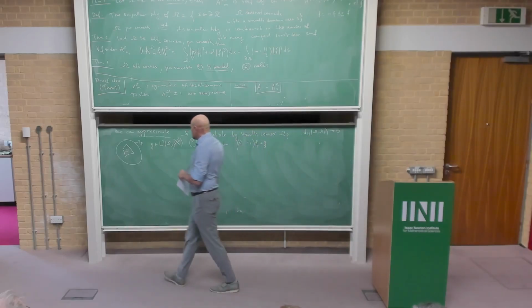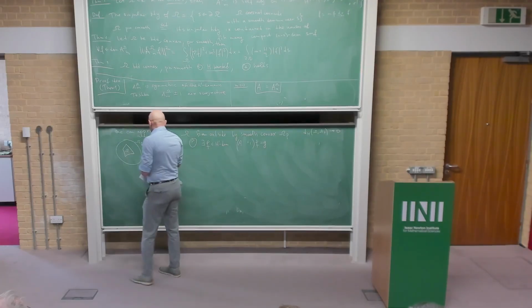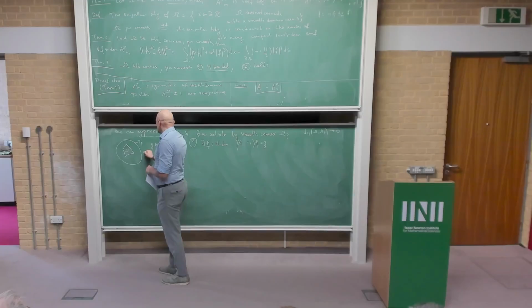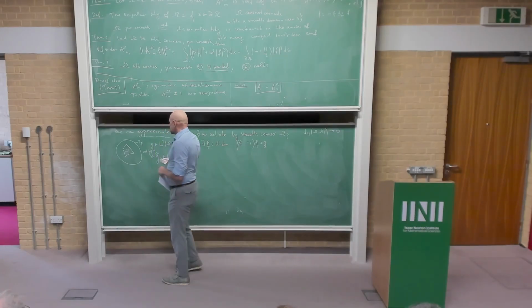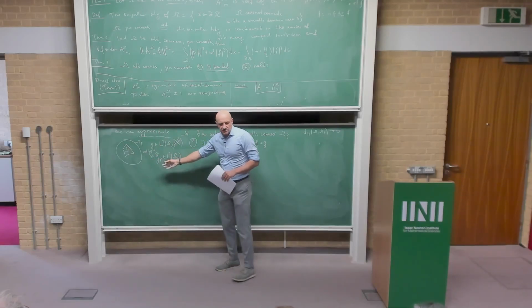For that you consider the following. We will use this approximation. I extend g by 0, so I obtain a function g_p in L2(Ω_p), which of course has the same L2 norm.